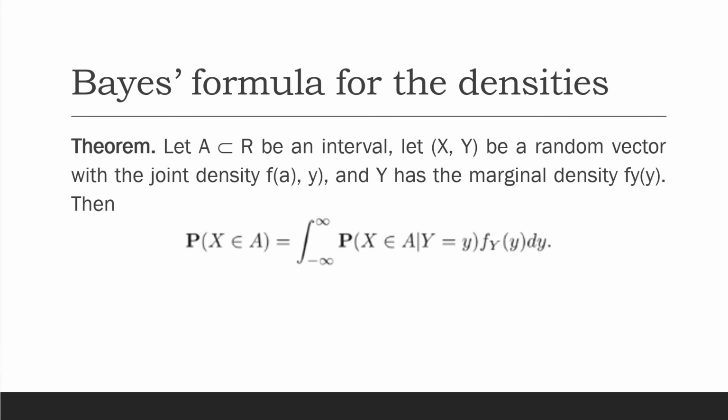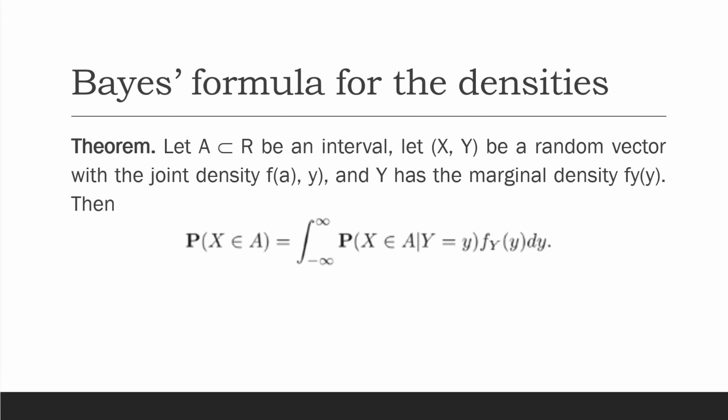Then the probability of x being an element of A is equal to the integral of the conditional probability that x is an element of A given y equals the point y, times the f of y dy from negative infinity to positive infinity.